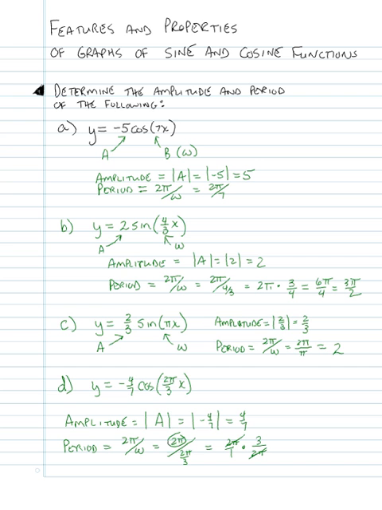And so we see these 2 pi's cancel, and we get our period as 3 in this case. Let's move now to the next page to discuss how we would go about setting up to graph some particular functions. And like I said, we'll do that on the next page.